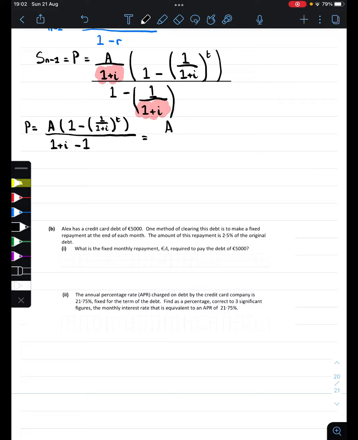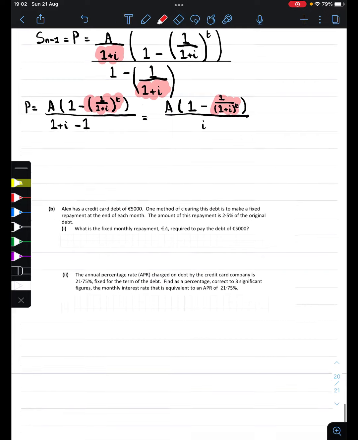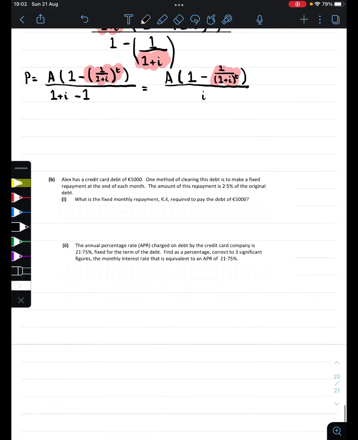we get an a times 1 minus 1 over 1 plus I to the power of t. So this term is just 1 to the power of t by 1 plus I to the power of t, and 1 to the power of t is just 1, of course, all over I. And again, to get rid of the fractions within fractions, we're going to multiply the top and the bottom by 1 plus I to the power of t.